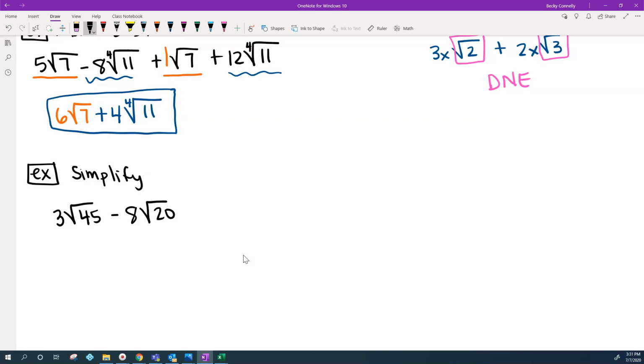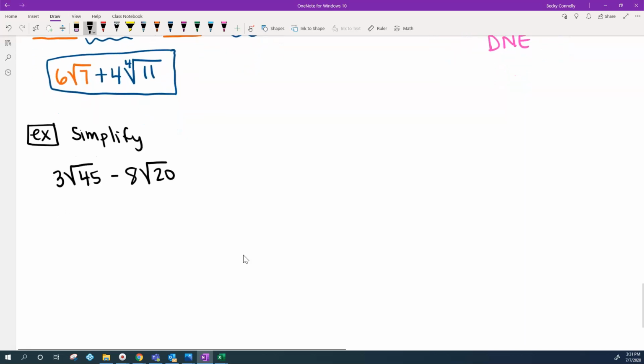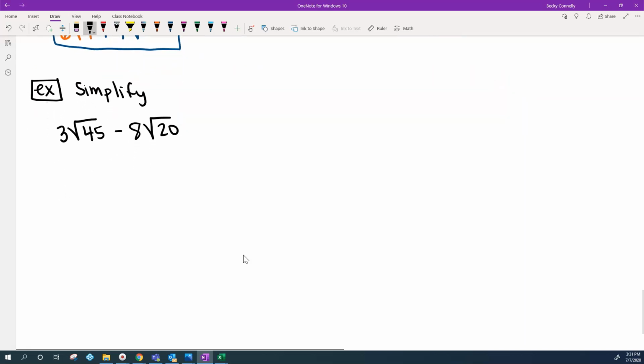Yep. Okay. So when we're looking at these, I can't subtract those because the radicands aren't the same. But then I look closer and see, oh, I actually could break these down.